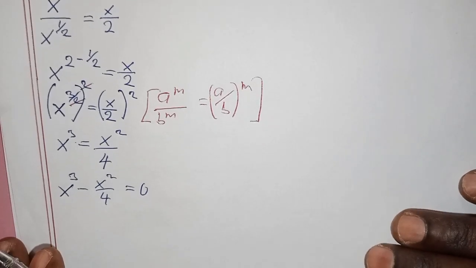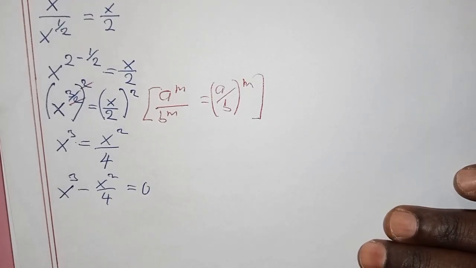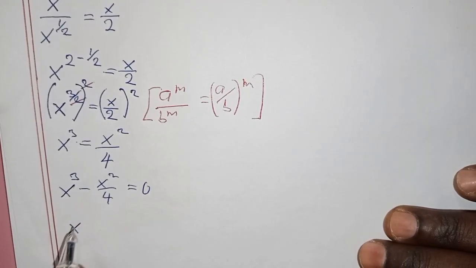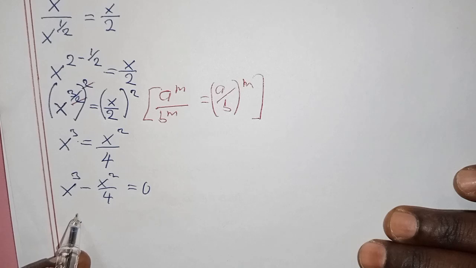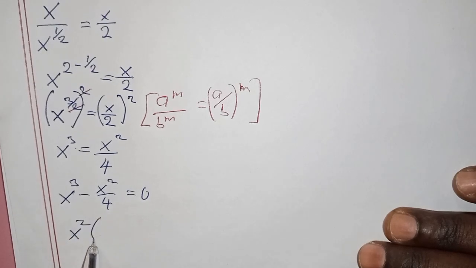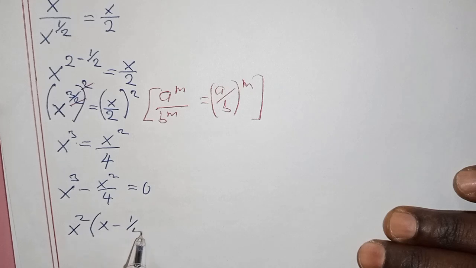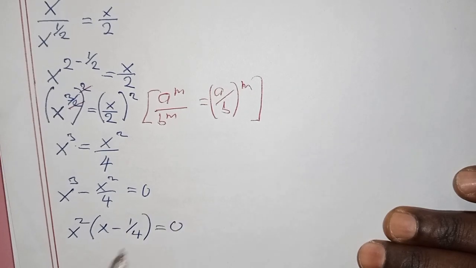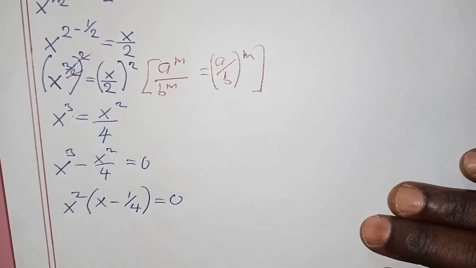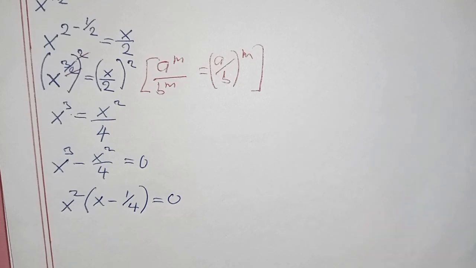So when we look at it, I have x squared in common. So I'm going to have x squared into x minus 1 over 4 to be equal to 0. So I need to recall that law that says whenever I have two numbers multiplying each other to be equal to 0, that means one of the two must be equal to 0.